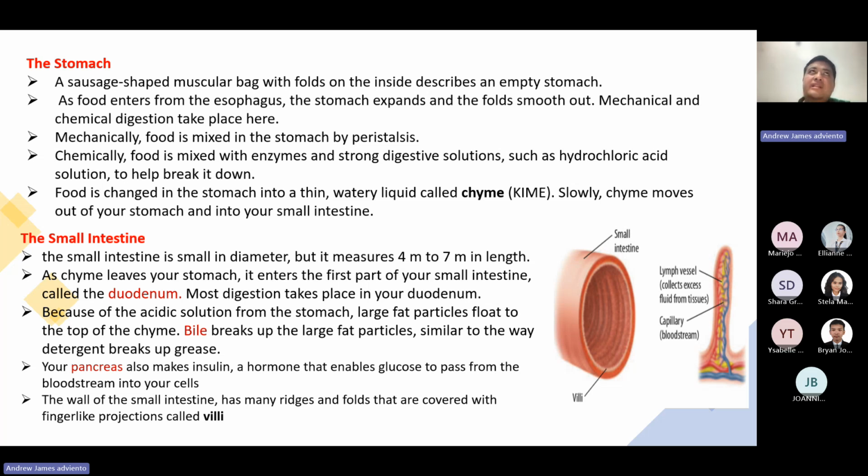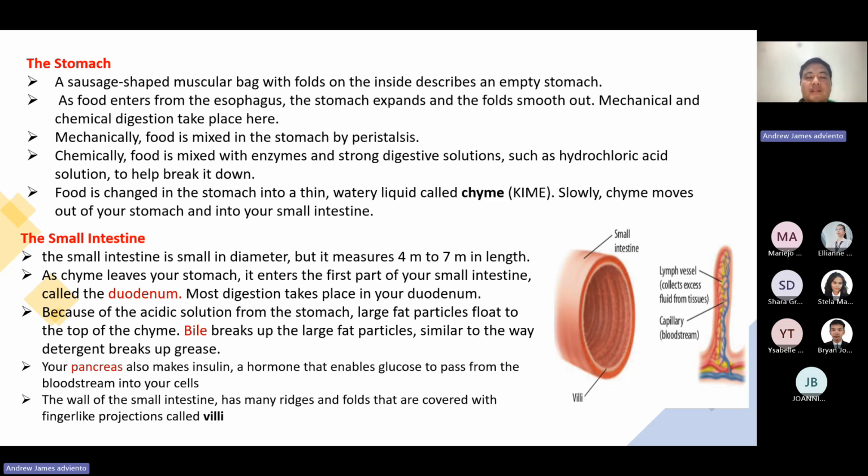Di ba kapag naghuhugas tayo ng pinggan, ginagamit natin yung mga detergent. Ano yung detergent kapag nalagay mo siya sa mantika, nagbi-break yung mantika. So we also have that inside of us. We call it bile. And the color of that is yellow. Kaya kapag tumae tayo, it's yellow. That's because of the bile.